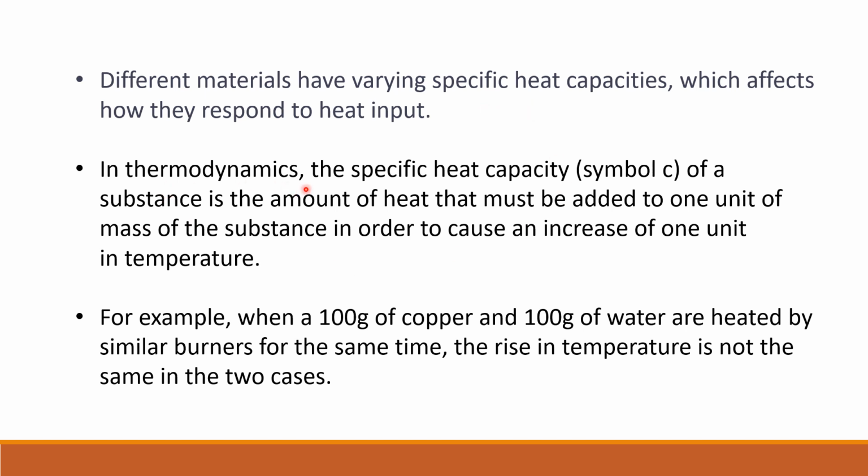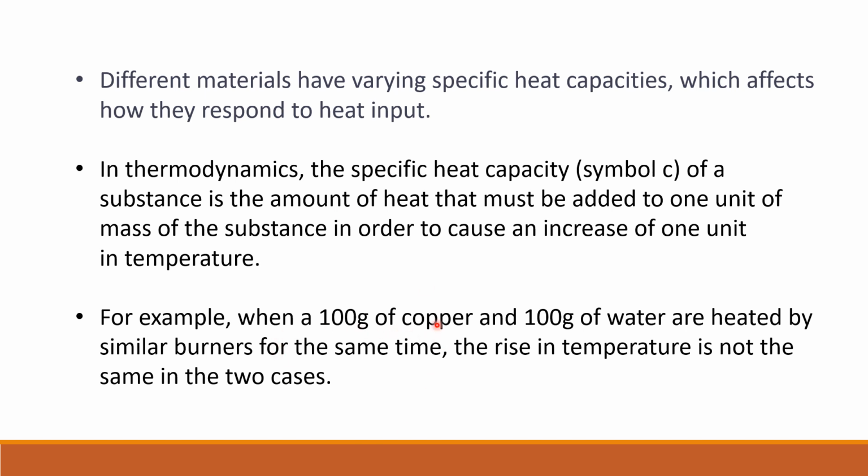In thermodynamics, the specific heat capacity of a substance is the amount of heat that must be added to unit mass of the substance to cause a unit rise in temperature. Specific heat capacity means how much heat is absorbed by the material while increasing the temperature by 1 Kelvin.